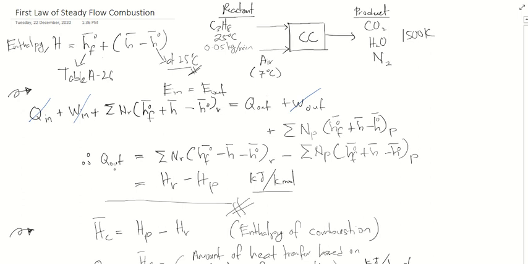What we have is only Q out, which is the heat released from the combustion process. So we calculate this by subtracting the enthalpy of the reactants from the enthalpy of the products. The unit is kilojoule per kilomole.